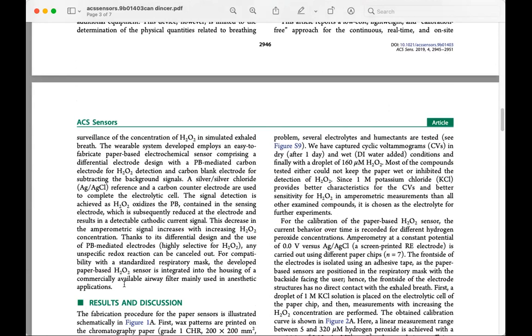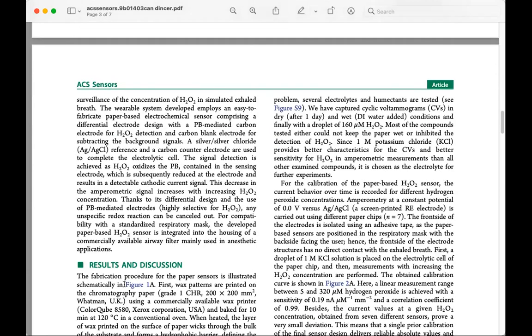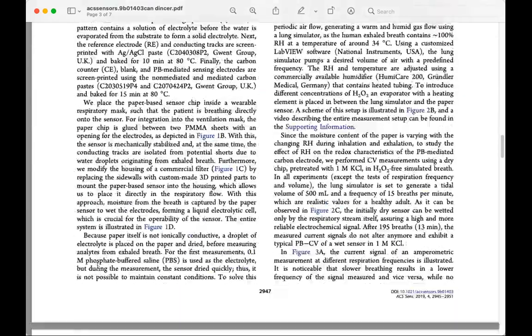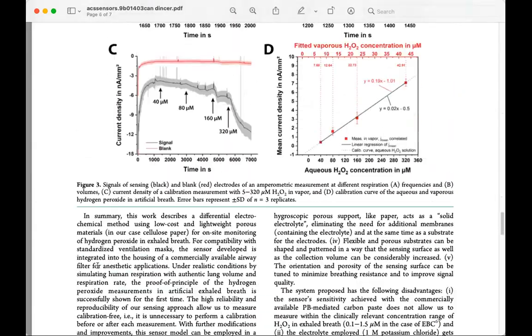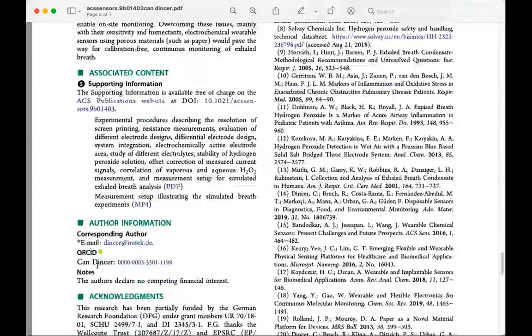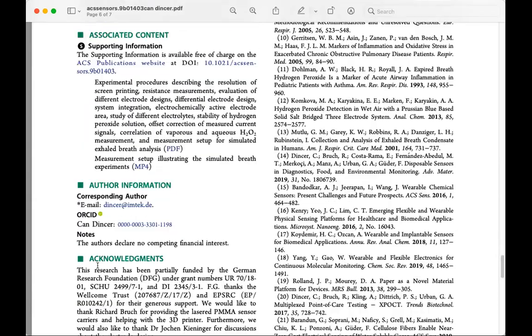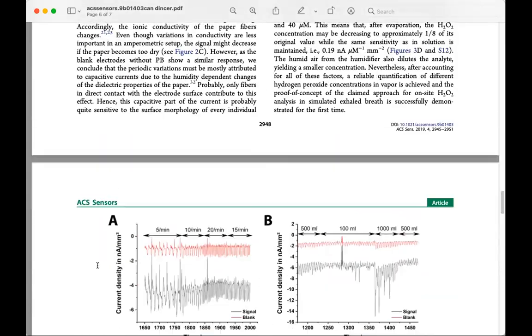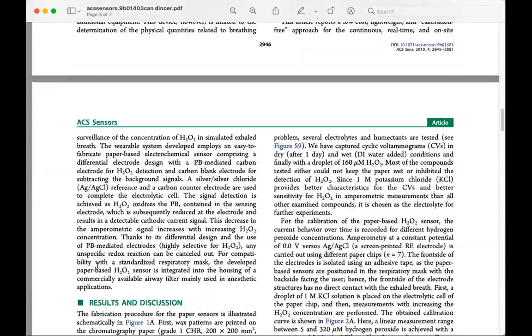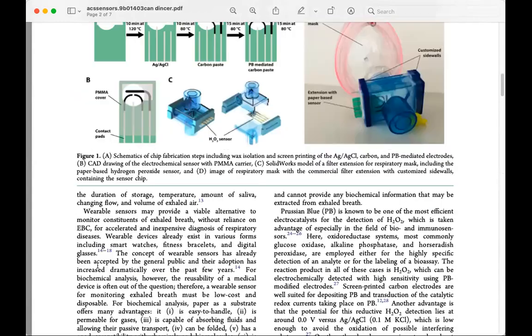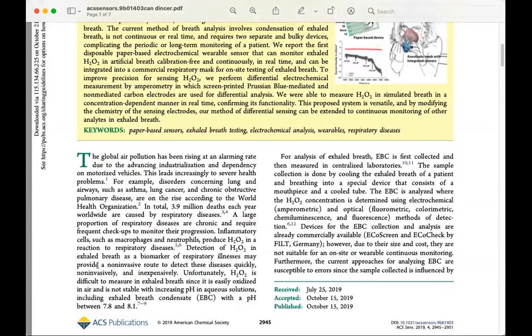All right. Some of the journals have a different format. You can see that after the introduction, it goes straight to results and discussion. It does not have a proper method section. I don't think so. Or did we miss it? No, we didn't miss it.